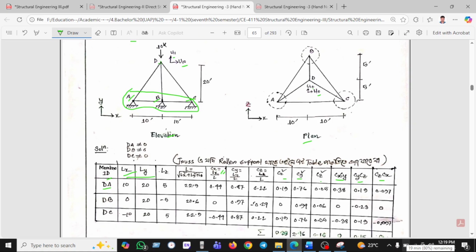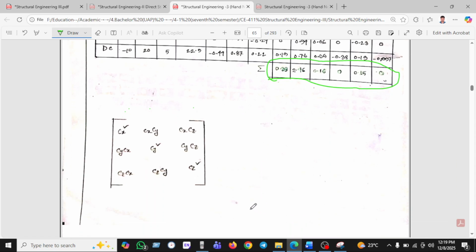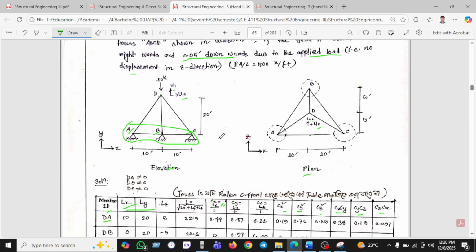Okay, so now after getting all these values, we sum all these values here. So we take this U10, this U11, and this U12. Why? Because we can see this one is free and the load is given here.